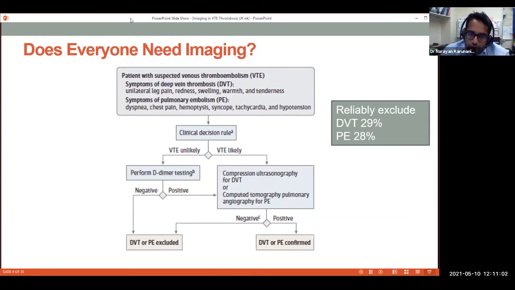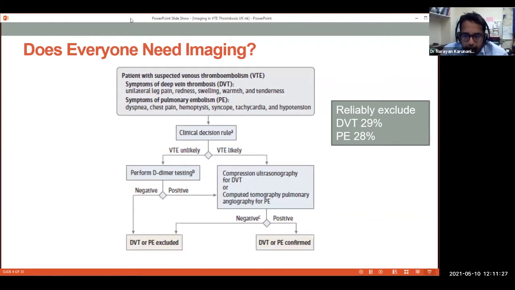But the first question to ask ourselves is, does everyone need imaging? And the answer is probably not, based on a very thorough clinical decision making, and we can talk about this, which involves using the Wells score, for example, and a careful taking of a history, we can determine if a venous thromboembolic disease is likely or unlikely.